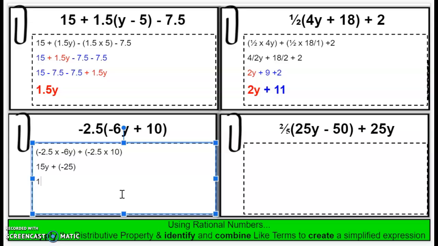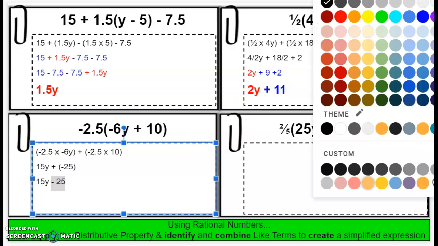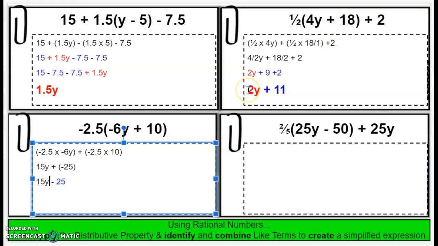I'm just going to go ahead and take that positive sign out, because in the end, I'm just subtracting. I'm going to do my color coding just so you can see the different terms, but there really wasn't anything else on this one that needed to be done except for taking that positive sign out and just leaving that negative sign. When you're adding a negative number, you're really just subtracting that number.